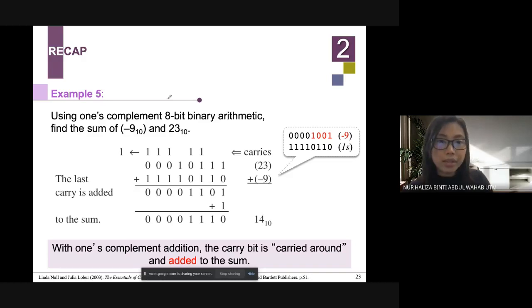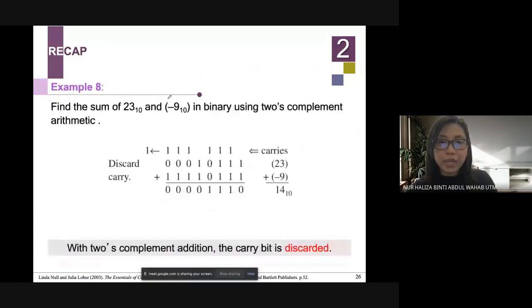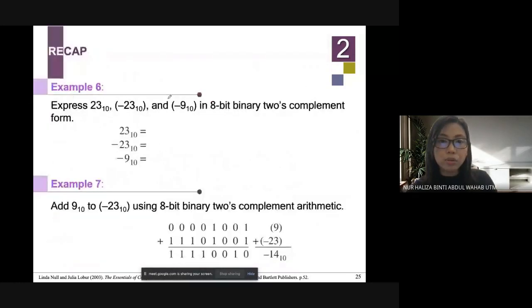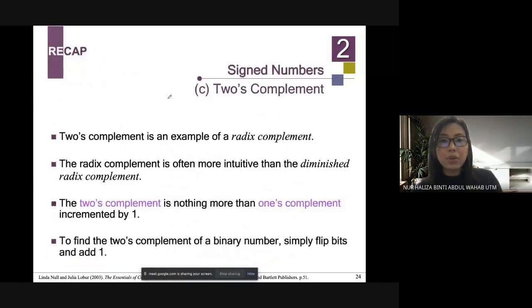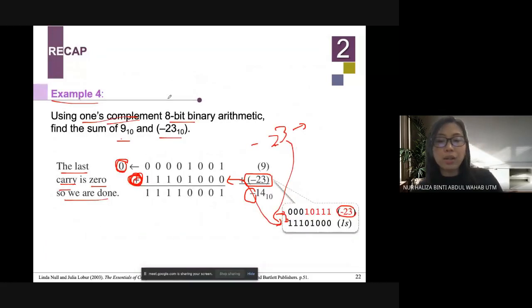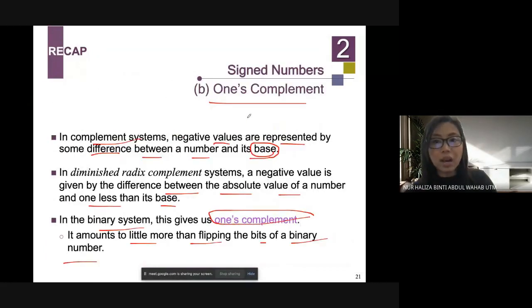There is also example 5. I am not going to go through until second complement, because I want to share with all of you what we already covered in our DL subject for first complement.